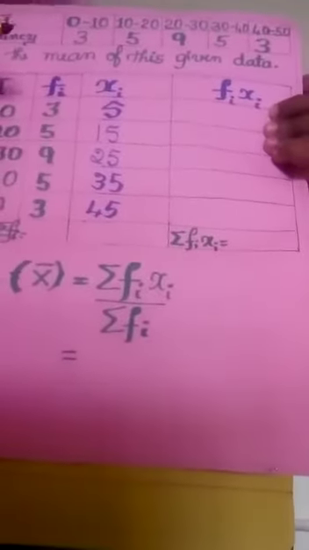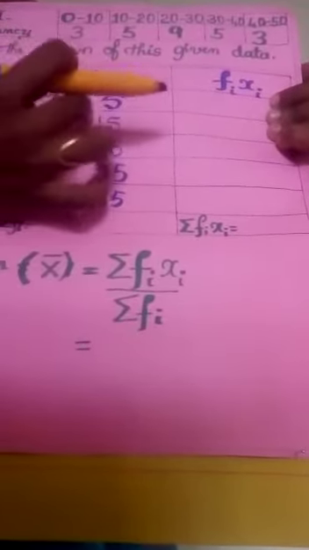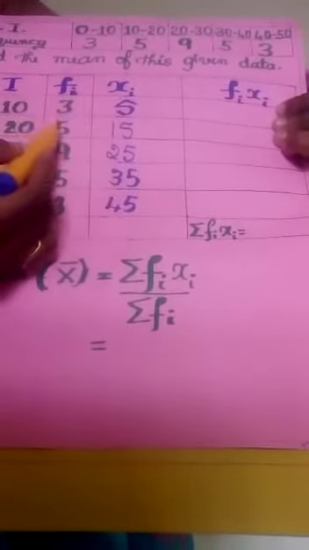Now, to find fi xi, here the frequency column and the xi class mark column are there. You have to multiply these two numbers, fi xi. 3 into 5, 3 5s are 15.